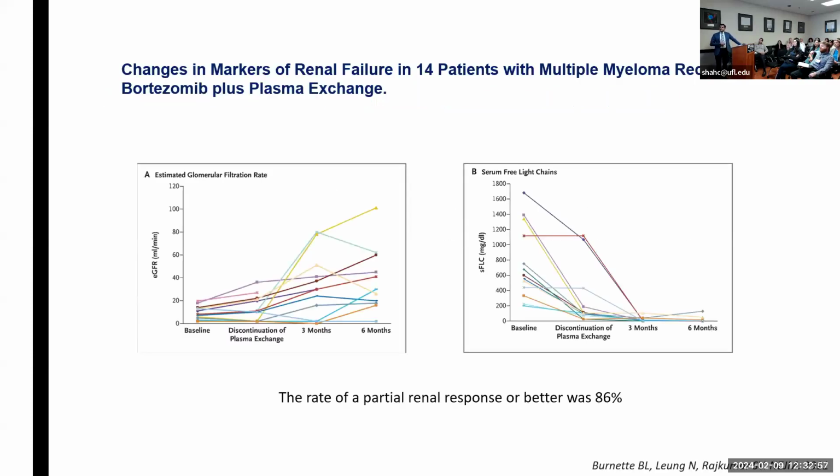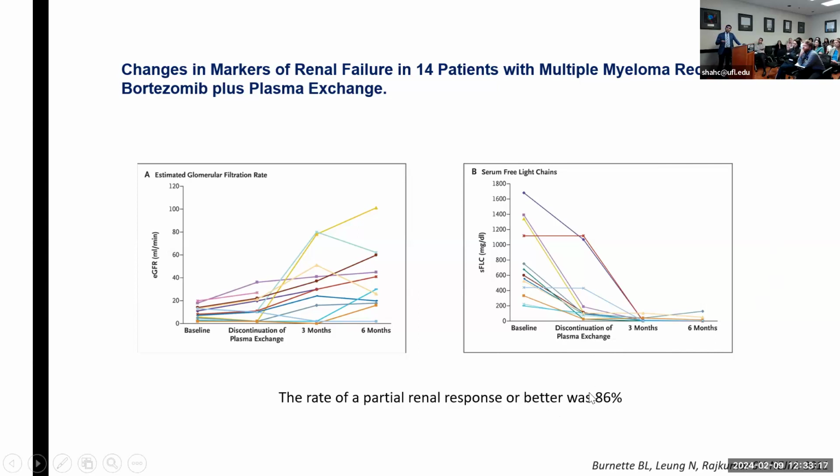This was published in NEJM, again by the Mayo Clinic group, and they showed in 2011 that if we use a bortezomib-based regimen, which was new at that time, and plasma exchange aggressively daily in these patients, they are able to achieve a renal response of 86%, which is very high, very good renal recovery.